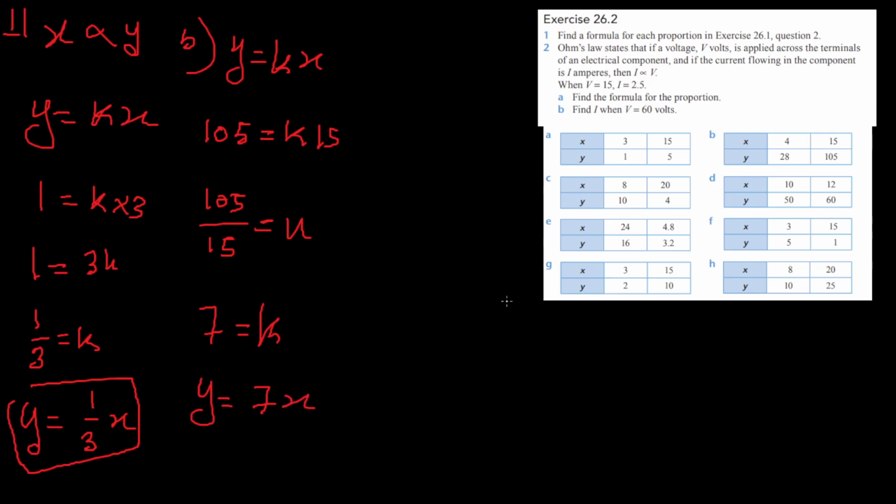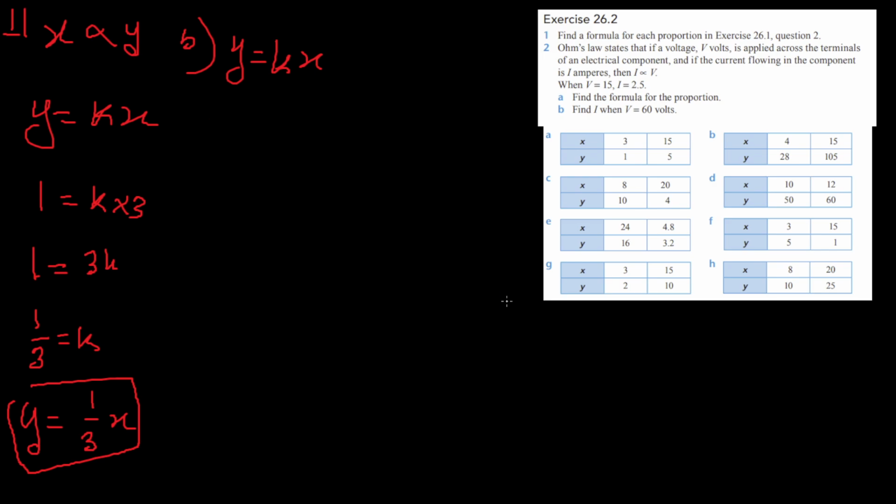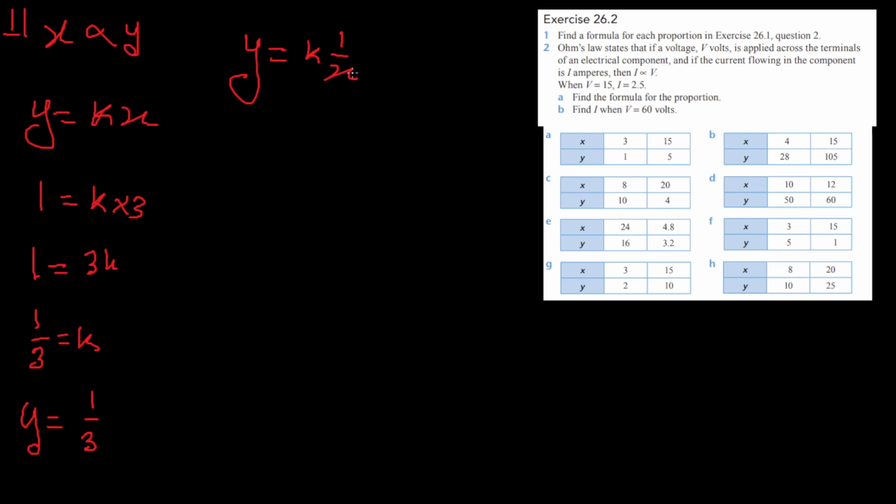So let's do an indirect proportion one. Let me just get rid of this. So let's do number C because this is indirect. So our indirect formula is y equals k times 1 by x. So let's take 8 and 10.